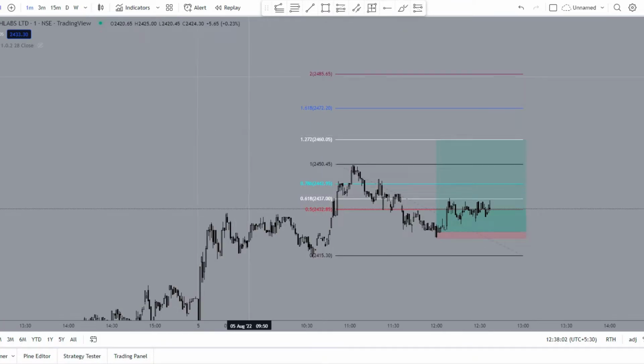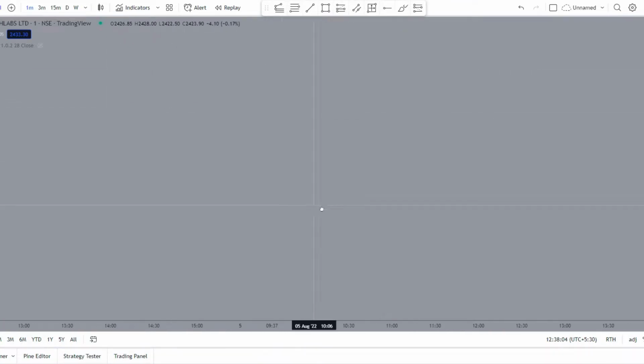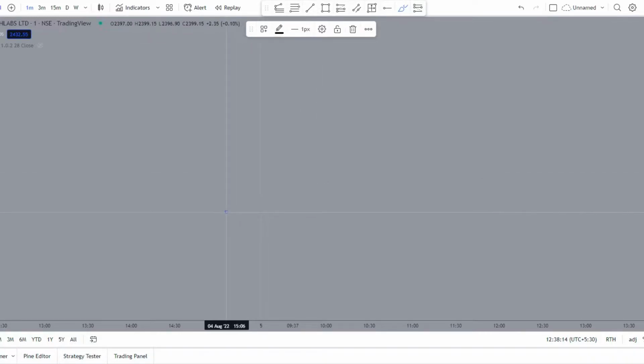Okay, this is the position I'm currently in. To start with, suppose you have a blank chart and a reference position. From there, you see that the market is moving up. When the market is moving up, it will be making some swings like this.